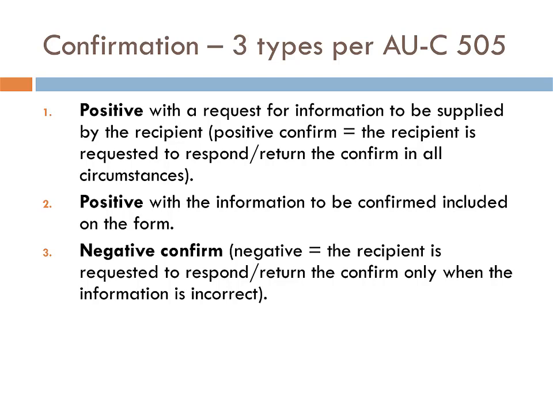And then number 2 would be a positive confirmation. And I typically don't distinguish this in any way. I just say it's a positive confirmation as opposed to a positive blank. But a positive confirmation is where again, we're sending a confirmation, but in this instance, we're supplying information.